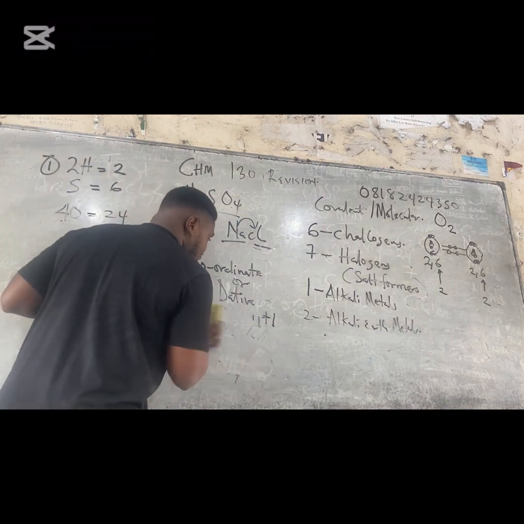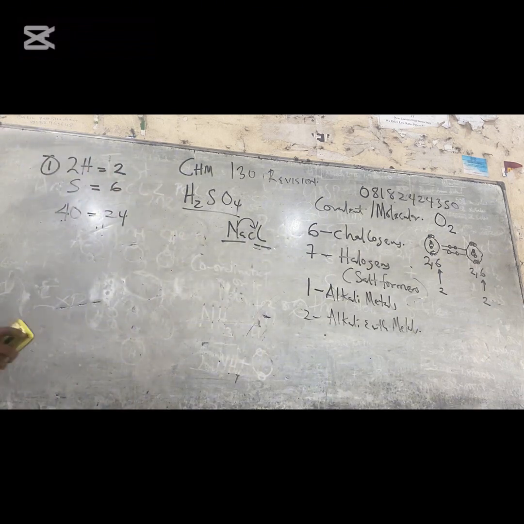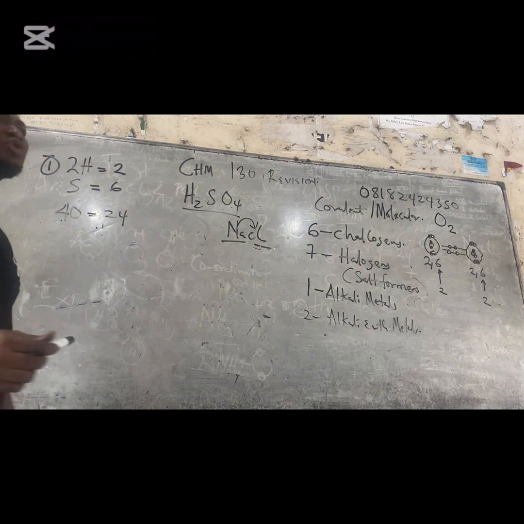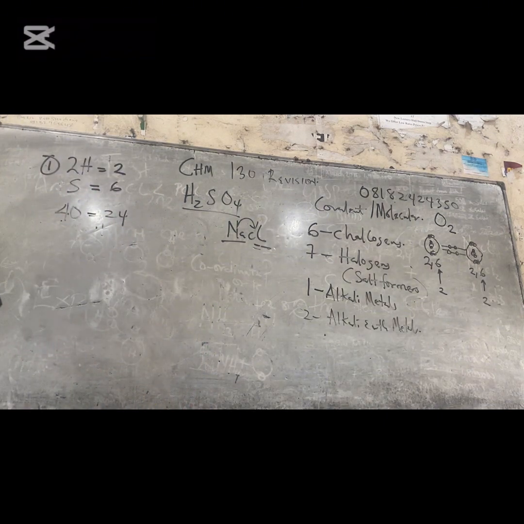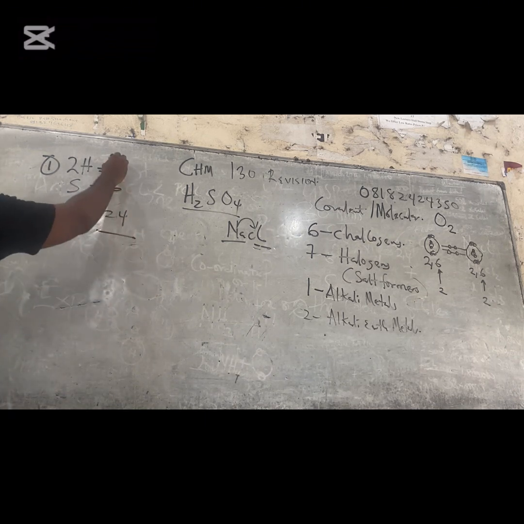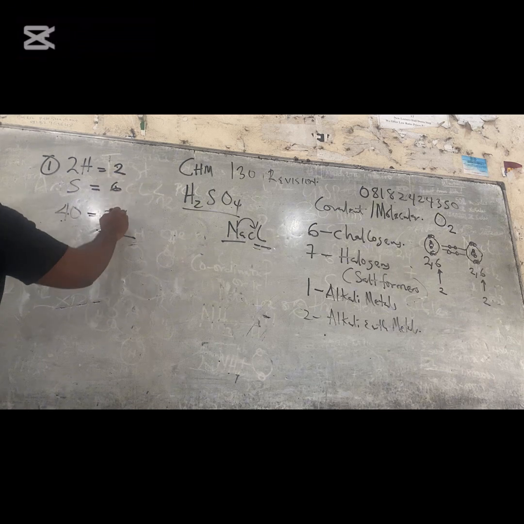Class, it's valence electrons we use to draw Lewis structures, not normal electrons. What will be the total, class? 2 plus 6 is 8, plus 24 is 32.